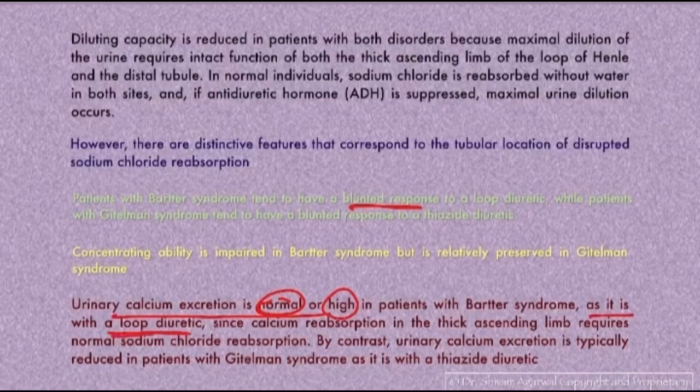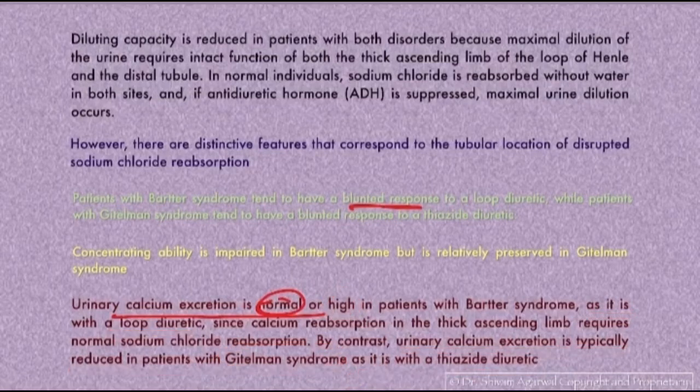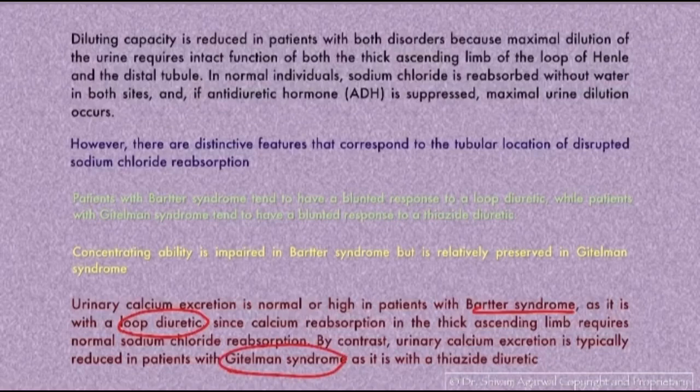Since calcium reabsorption in the thick ascending limb requires normal sodium chloride reabsorption, by contrast, urinary calcium excretion is typically reduced in patients with Gitelman syndrome, as it is with the thiazide diuretics. So Gitelman syndrome acts like a thiazide diuretic, and Bartter syndrome acts like you are taking loop diuretics.